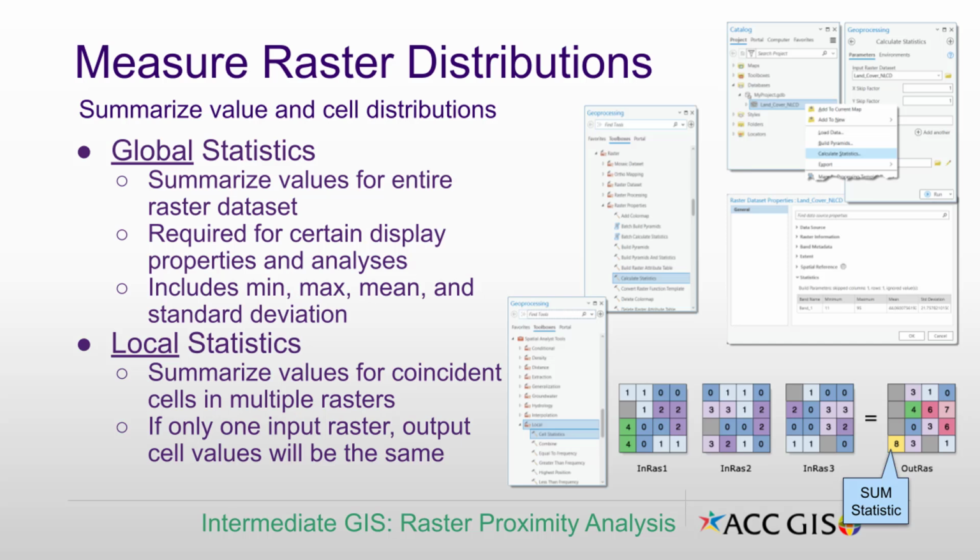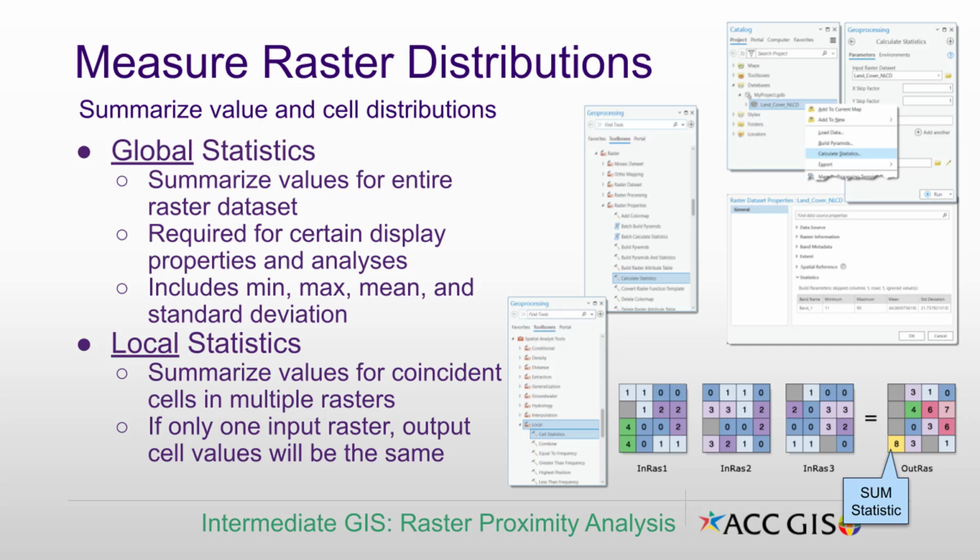If you look at the diagram in the lower right-hand corner, you can see an example of how local statistics works. There's 3 in rasters and 1 out raster in this example. Imagine in raster 1, in raster 2, and in raster 3 stacked on top of each other, in which, for example, the cells in the upper left-hand corner are all stacked on top of each other. Then in the output raster, you get the cell statistics.